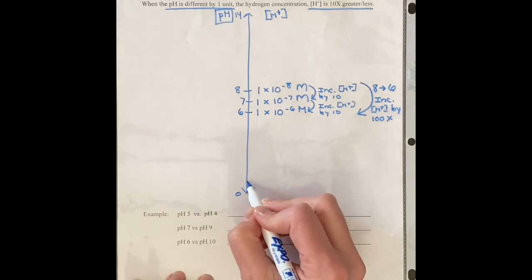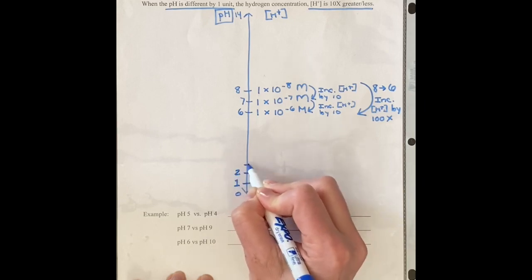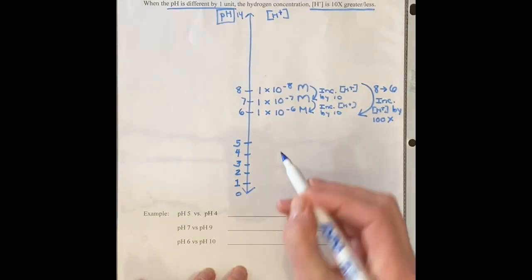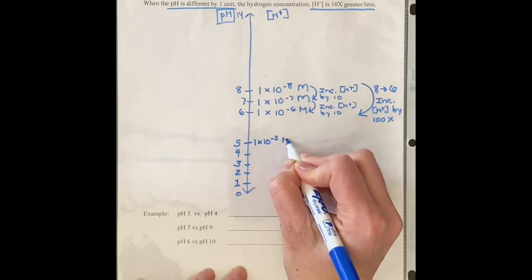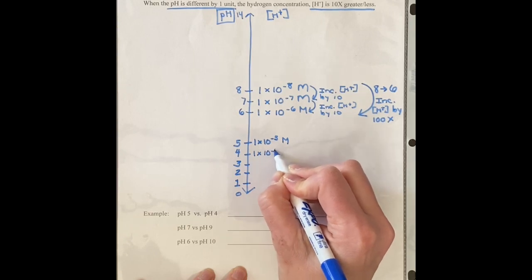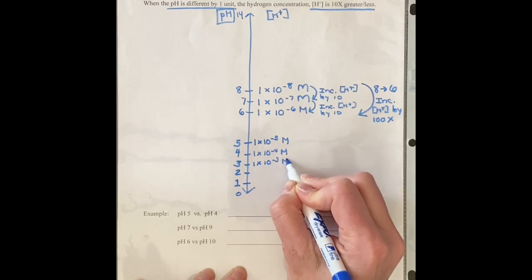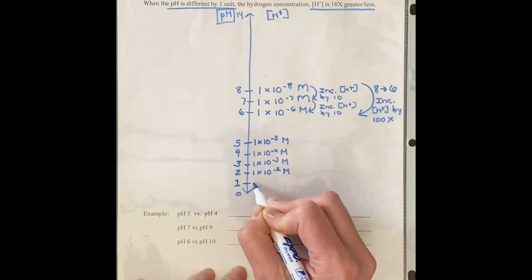All right, so now let's take a look at some other numbers here. Let's start down at the bottom here and just do pH of 1, pH of 2, 3, 4, 5. Obviously, this is not to scale. I'm just kind of throwing all the numbers in. So I'm just going to throw in my hydrogen concentrations. And again, this might be slightly different than the notes, so please feel free to add anything here that you'd like.